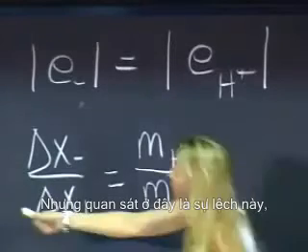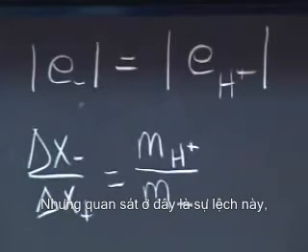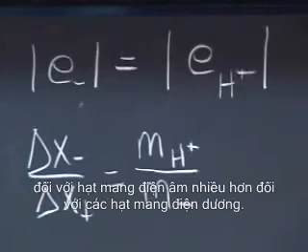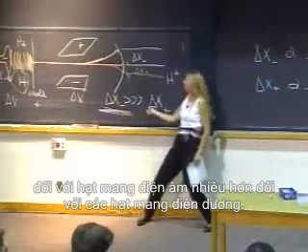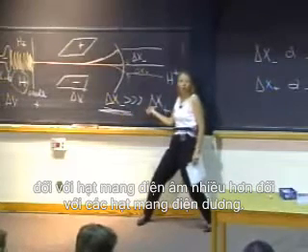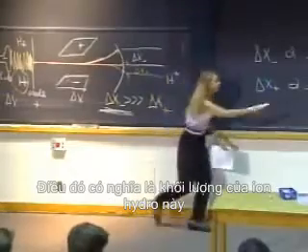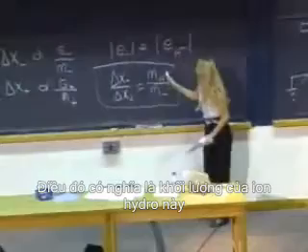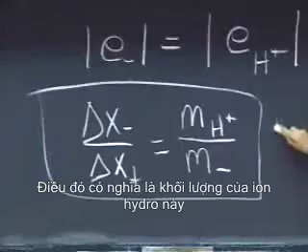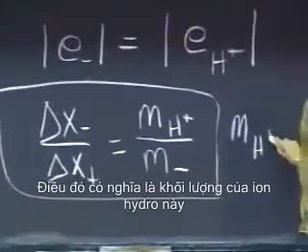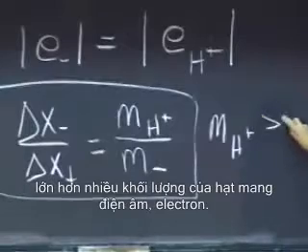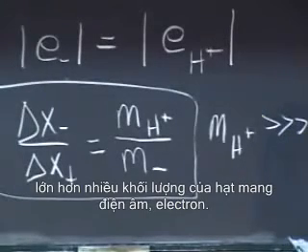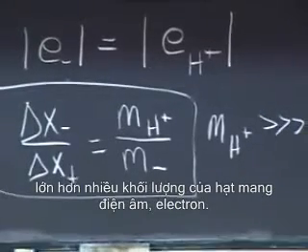But the observation here is that this deflection for the negatively charged particle is much larger than it was for the positively charged particle. So that must mean, if this is an equality, that the mass of this hydrogen ion is much, much greater than the mass of this negatively charged particle, the electron.